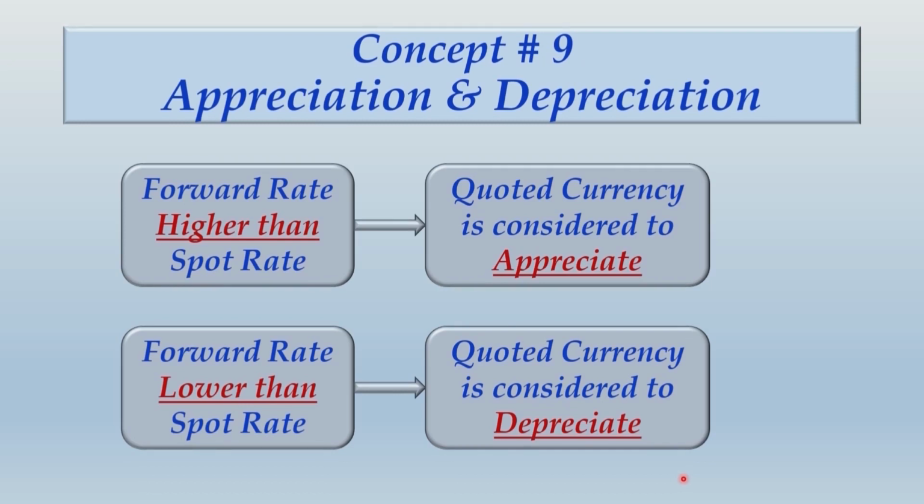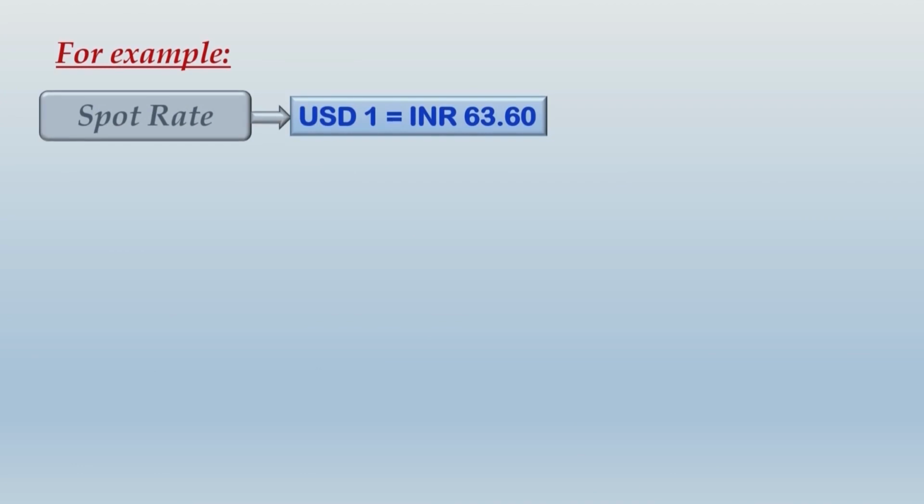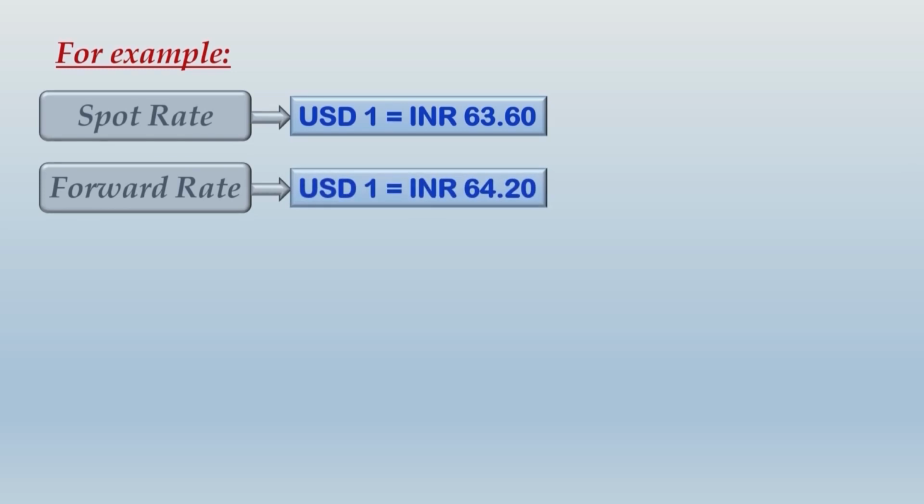Now, this is the fundamental ground, but let us understand this by examples. Let us take an example. The spot rate is given as USD 1 equals INR 63.60 and the forward rate is given as USD 1 equals INR 64.20.